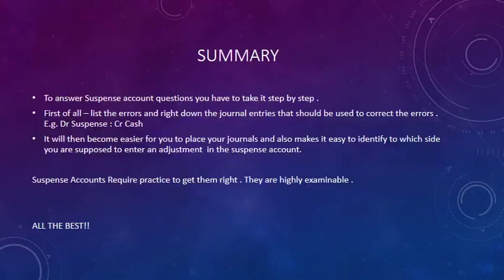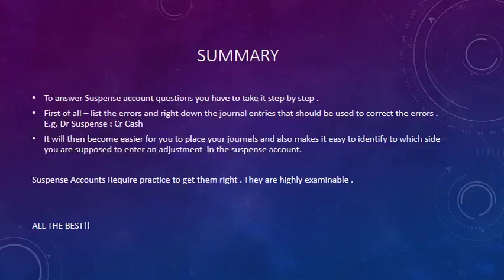So in summary, the key point is that to answer suspense account questions, you have to take it step by step. First of all, list the errors and write down the journal entries that should be used to correct the errors, e.g. debit suspense, credit cash. When you receive some errors, they're listed in the exam, error number 1, number 2, number 3, number 4, number 5. Go to each error and put in what you are supposed to do in the process of correcting.